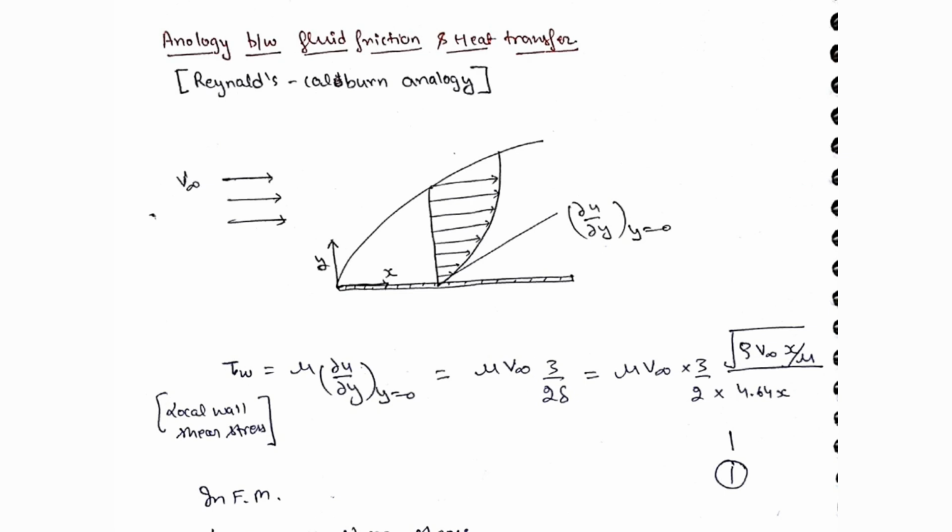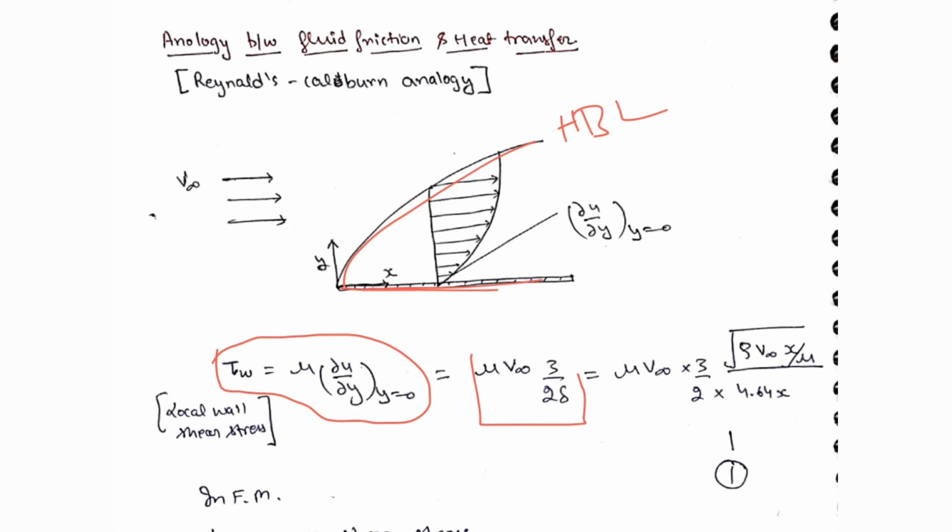Now let us see the analogy between fluid friction and heat transfer. Let us take the case of a flat plate, and this being the hydrodynamic boundary layer, we know the variation of wall shear stress. From Newton's law of viscosity, we have stress tau is equal to mu times du by dy, and this is what we have achieved through our derivation: mu times u infinity into 3 by 2 delta, if we assume that the variation of velocity is cubic.